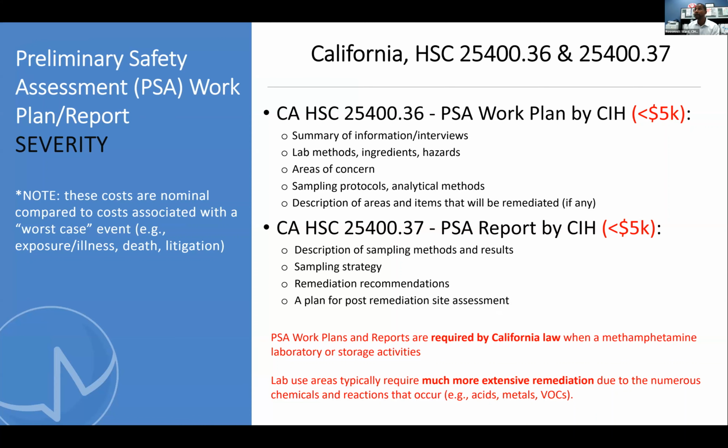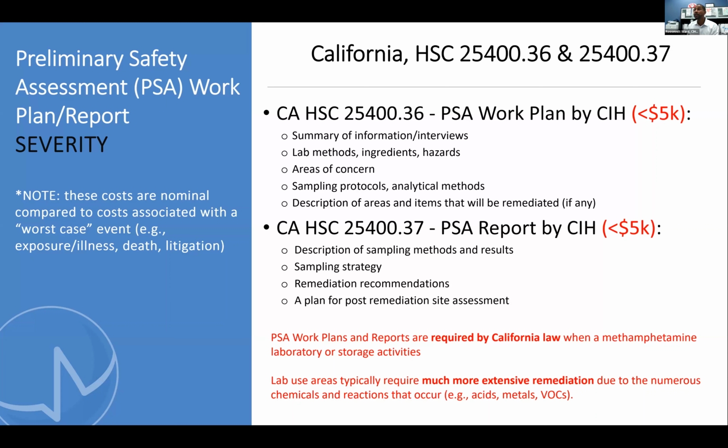Within the plan, we give a summary of the information and interviews. We give a summary of all the investigative clues that we found, areas of concern, protocols, analytical methods, everything to show that the sample procedure was done accordingly and to procedure.